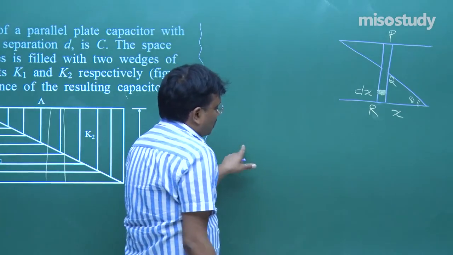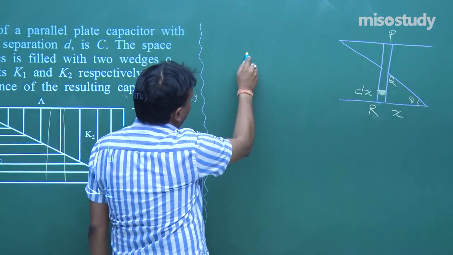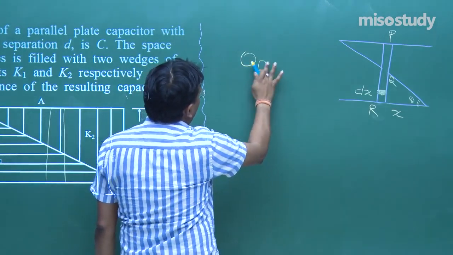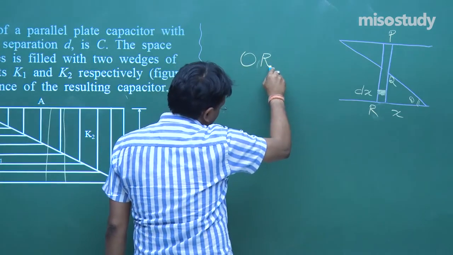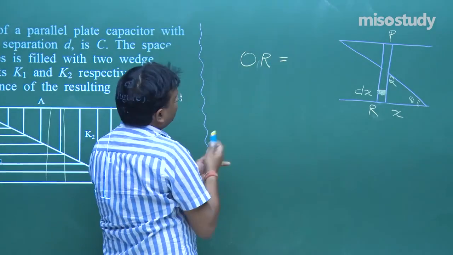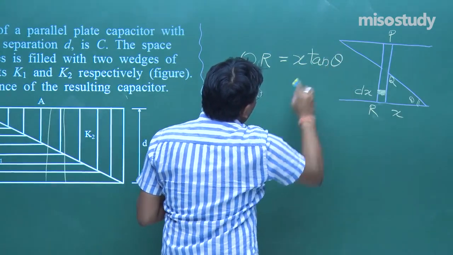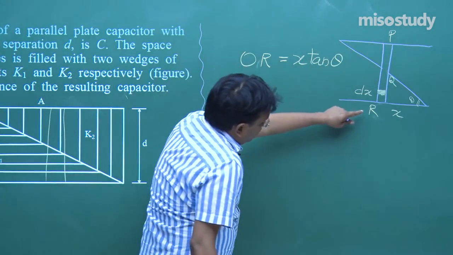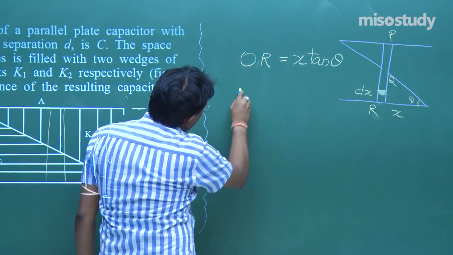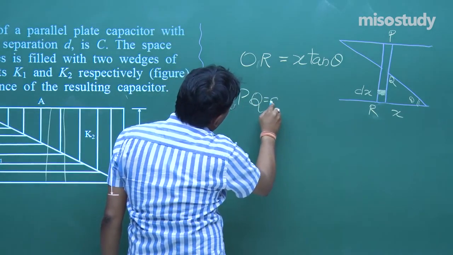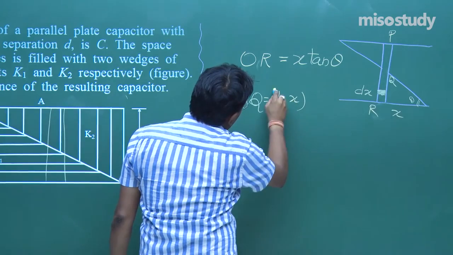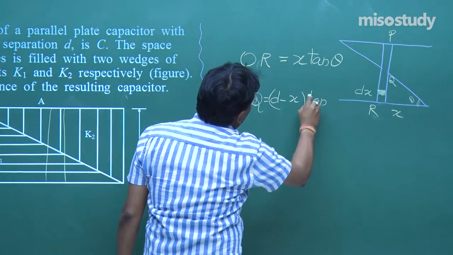I hope this much is clear to you. Now QR is equal to x tan theta, and PQ is equal to d minus x tan theta.